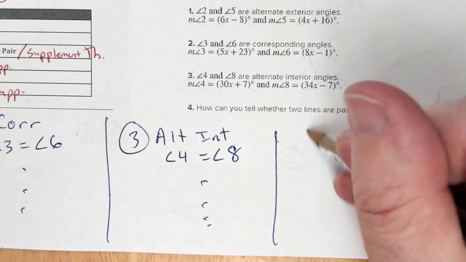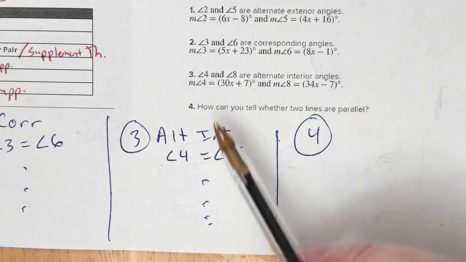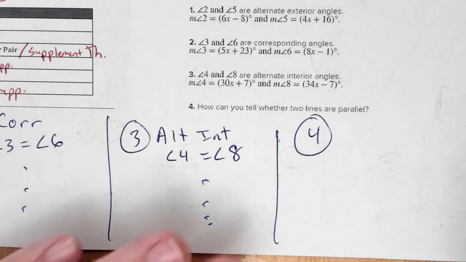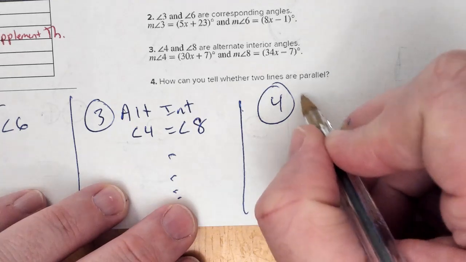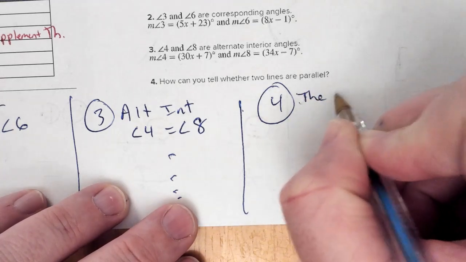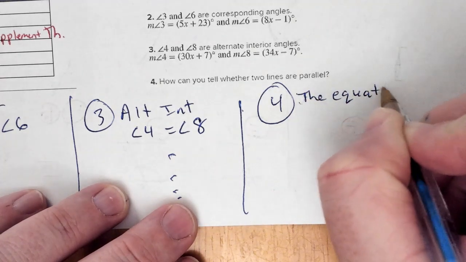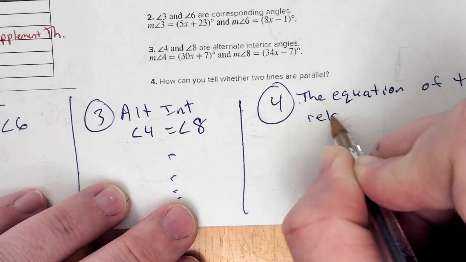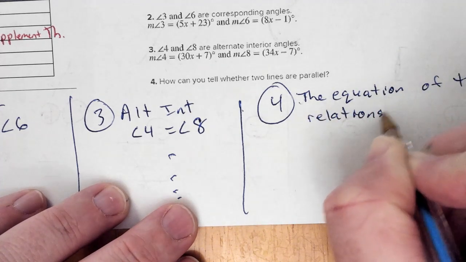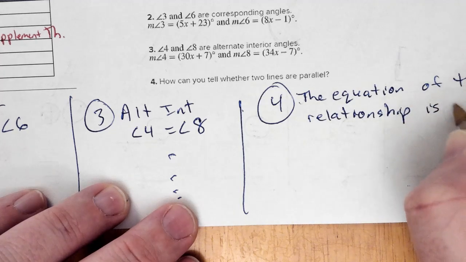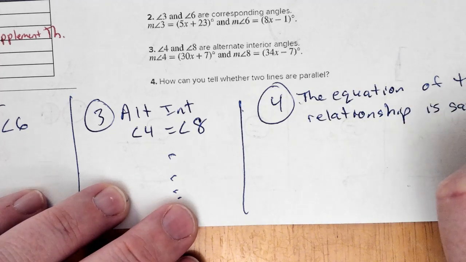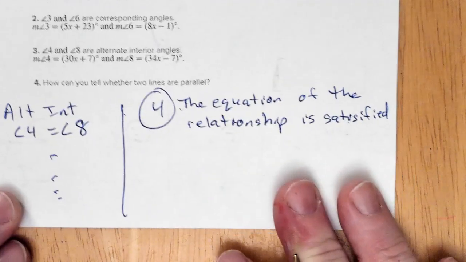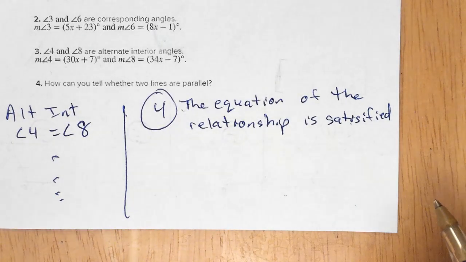And finally, question number 4. It says, how can you tell whether these two lines are parallel? All right, that is that the equation of the relationship is satisfied. So the equation of the relationship is satisfied.